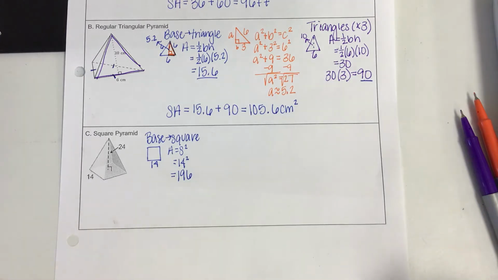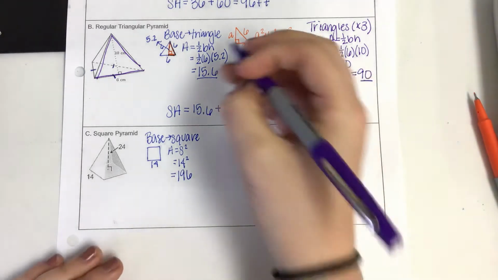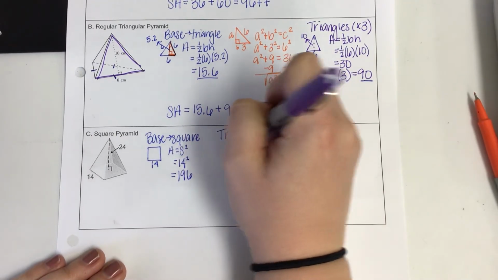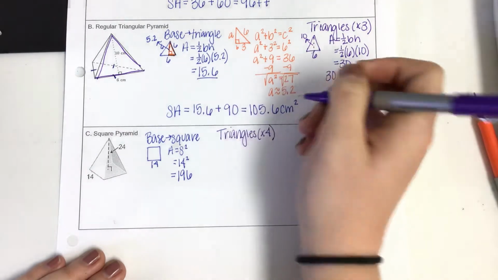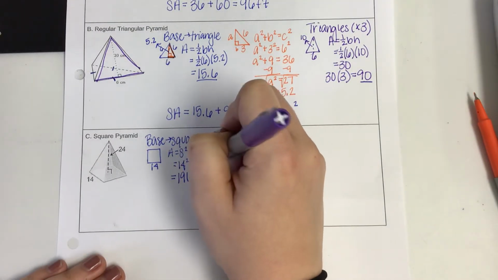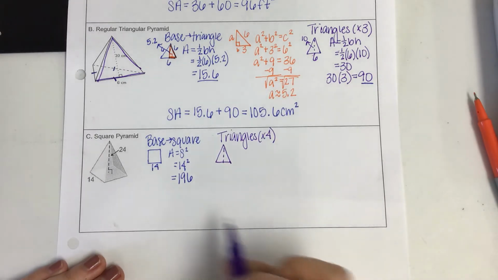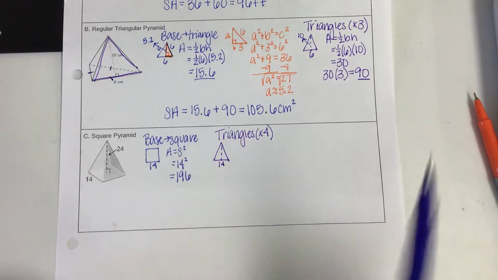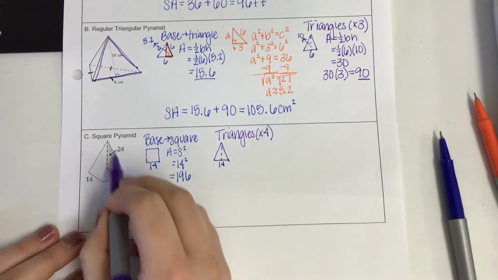Now we need to find the area of all of our triangles. This time we have 4 of them, and they're all the same because we have a square base. Looking at this triangle, we know that our base is 14.